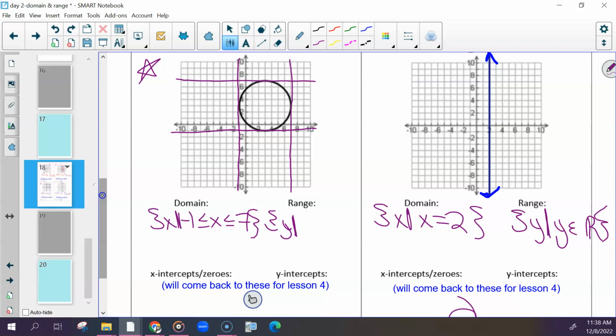What would our range be? It goes to 7, yes, and it starts at... so it ends at 7.